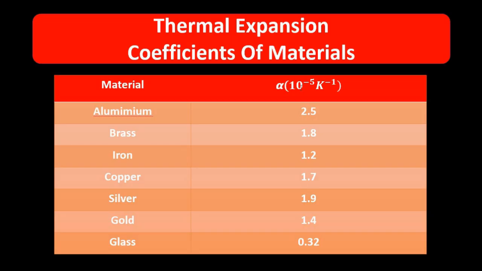Aluminium is 2.5, brass is 1.8, iron is 1.2, copper is 1.7, silver is 1.9, gold is 1.4, and glass, basically Pyrex glass, is 0.32. These are approximate values of materials. You can calculate beta and gamma for these using this formula if you want.